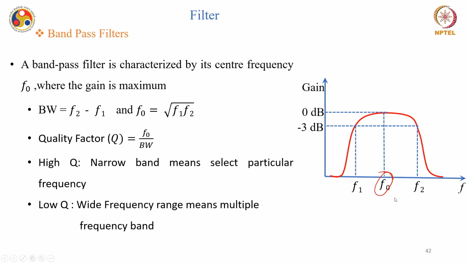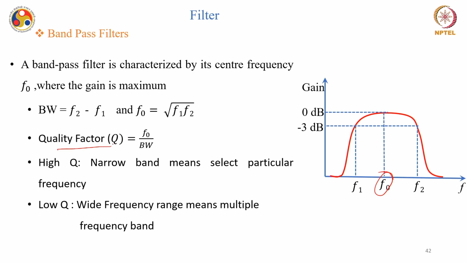There is one more term which is very crucial for these filters, which is known as the quality factor, and the quality factor of band pass filters is given as f naught by bandwidth, or f naught by f2 minus f1. When Q is high, f naught by bandwidth is high, which means that the bandwidth is narrow.